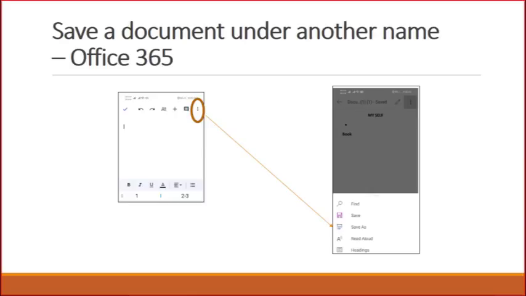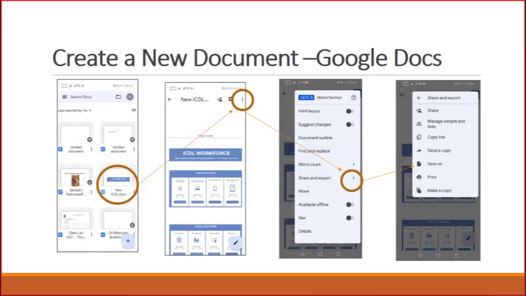If it is a blank document, you get find, save as, read aloud, headings like that. From this additional menu, you can select save as, select the location where you want to save the file, and then give the name and save as.